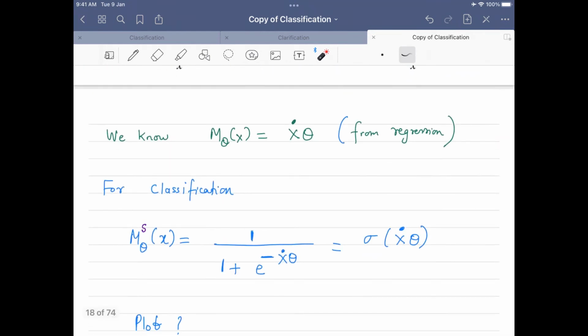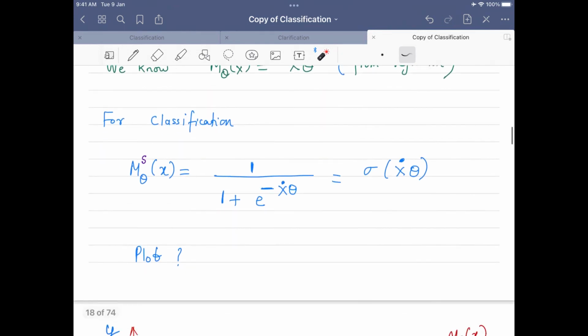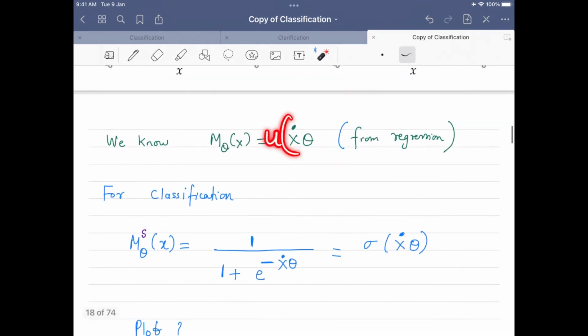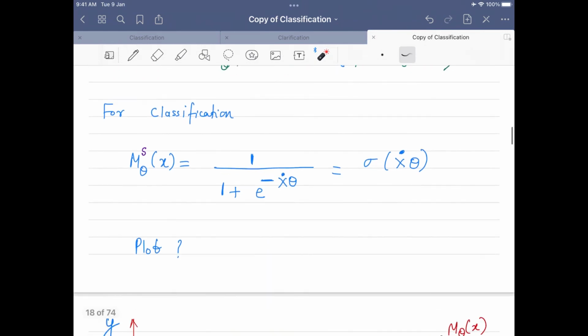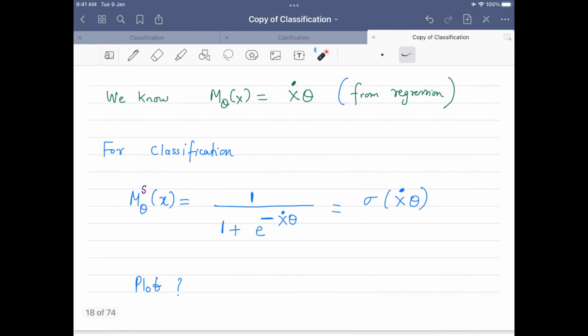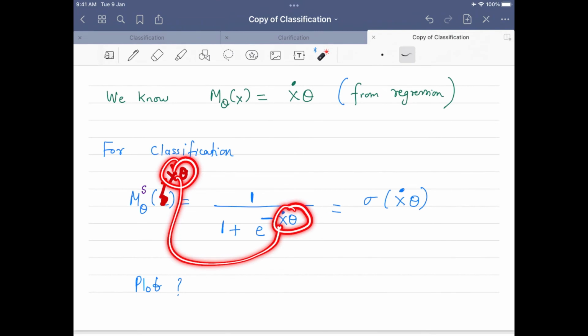Now we have this model x dot theta. Instead of using the unit step times x dot theta, which we did earlier and saw the drawback of, we are now operating on the softer version of it. So I replace this with x dot theta, which becomes 1 upon 1 plus e to the power minus x dot theta.